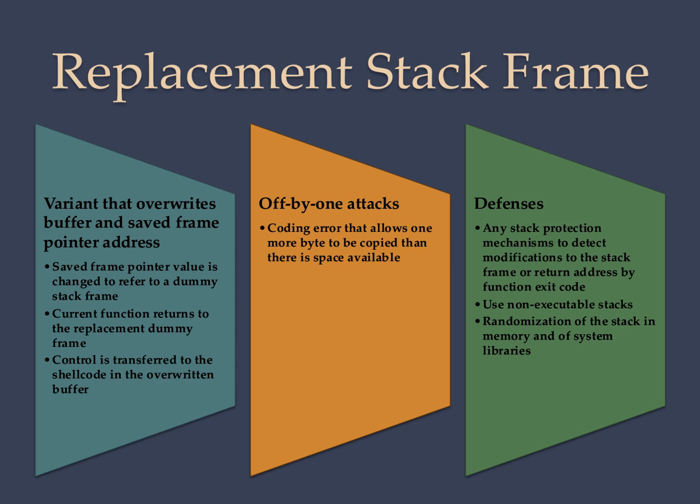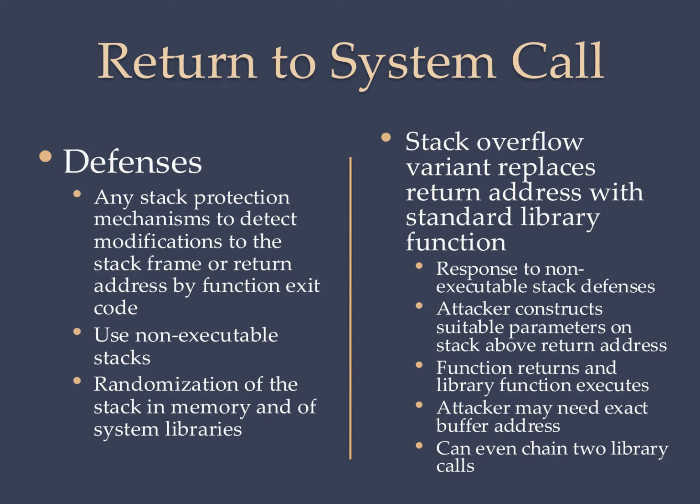That's why it's used. And replacement stack frames are used; they are actually used for non-executable stacks and randomization of the stack in the memory. The system call is also important. Any stack protection mechanism detects modifications to the stack frame or return address by function exit code.